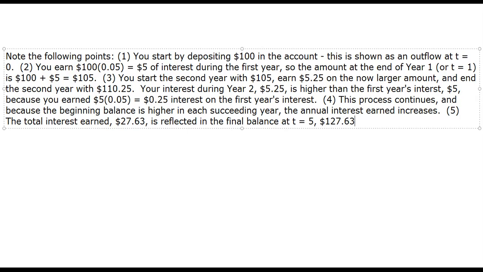So the total interest earned is $27.63 and is reflected in the final balance at time equal 5 years.